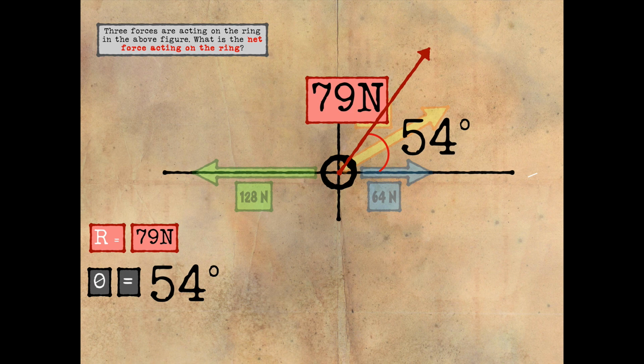But of course, that's not strong enough to overcome the combined x component and y component of both of these, which adds up to a resultant vector of 79 newtons at 54 degrees. So the green is being pulled back, as I said before, because of the sum of the two forces pulling to the right. Okay, well, I hope this helped, and good luck in your study.